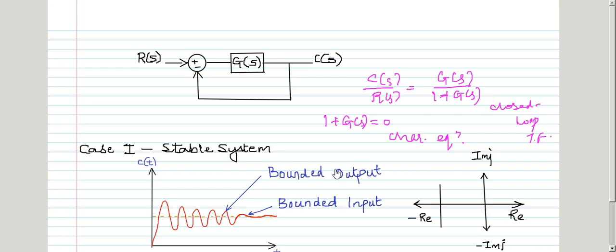For a system to be stable, the poles of the characteristic equation should lie at the left hand side of the S plane. If anywhere in this region the poles lie, let it be here or let it be here, the system will be considered as a stable system.